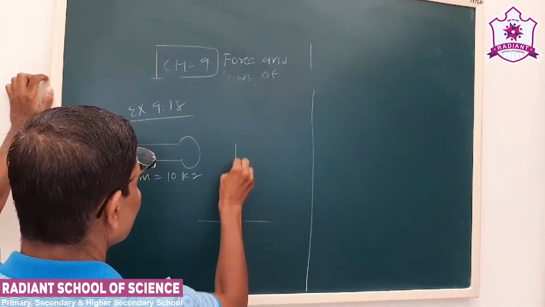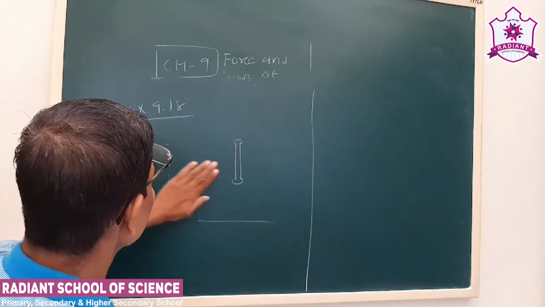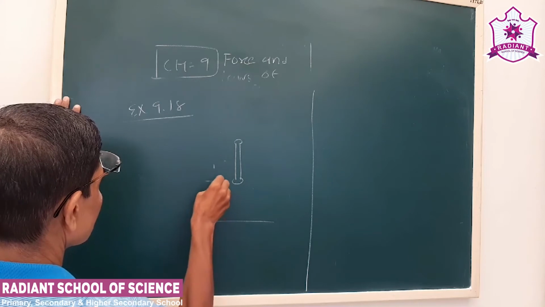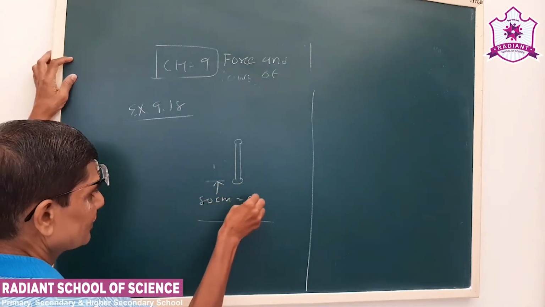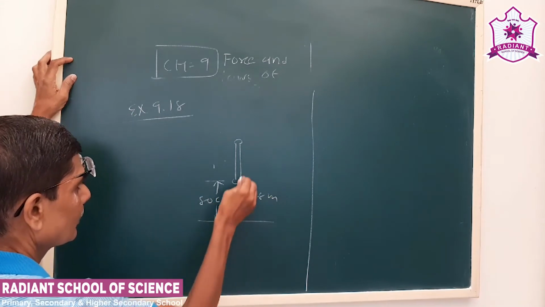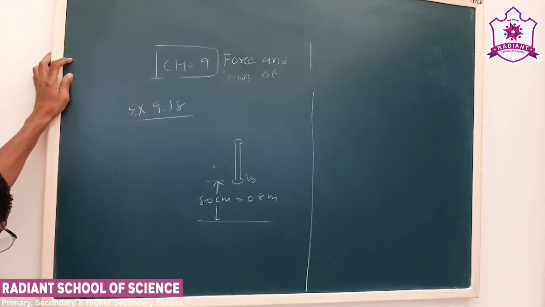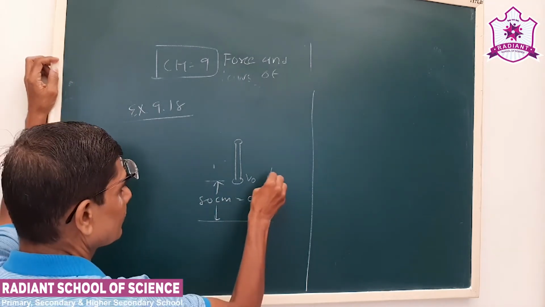Let us say this dumbbell falls from a height of 80 centimeter, that is 0.8 meter. Now V0. Take its downward acceleration as 10 meter per second square.